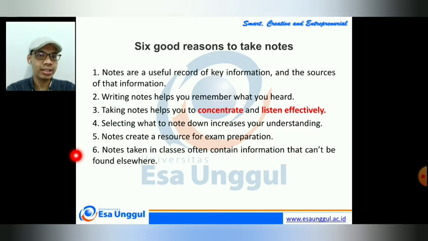Notes create a resource for exam preparation. This is for your own good, actually, when you want to face the examination. Notes taken in class often contain information that can be found elsewhere. Remember, that's why you have your own specific source or recipe.